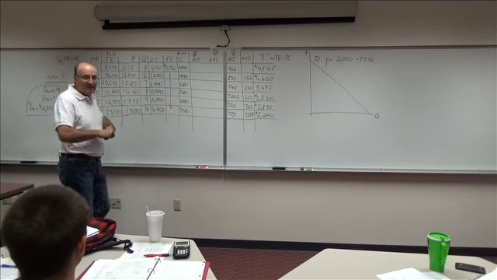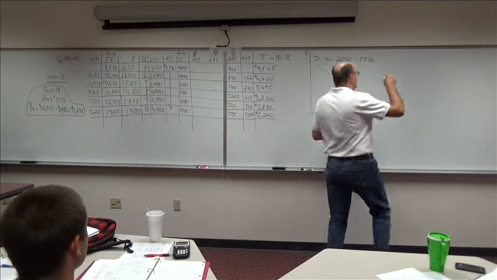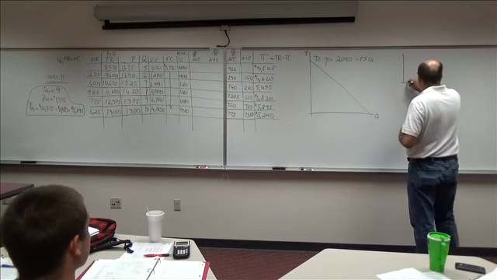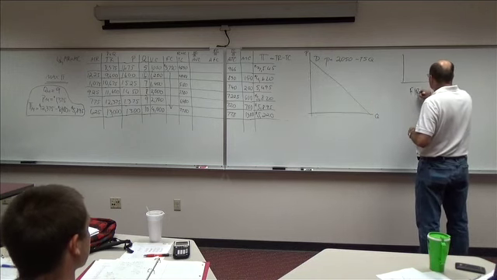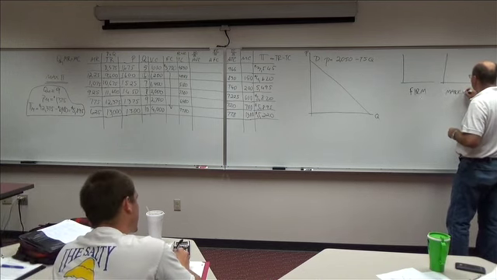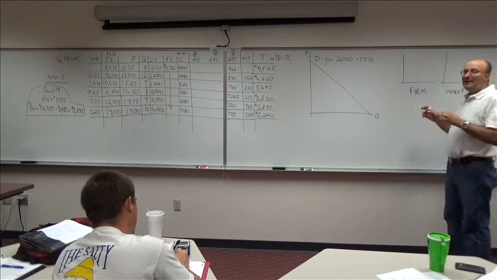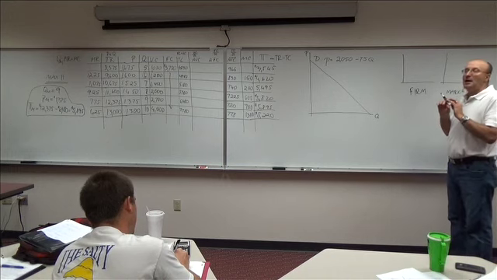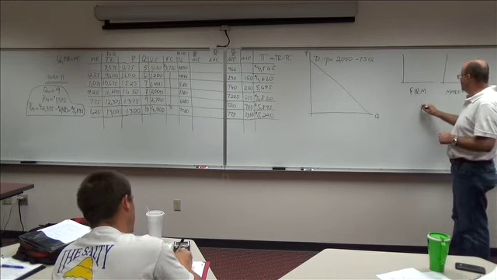Let's have it somewhere here on the side. What does the firm and the market look like in long run equilibrium under perfect competition?